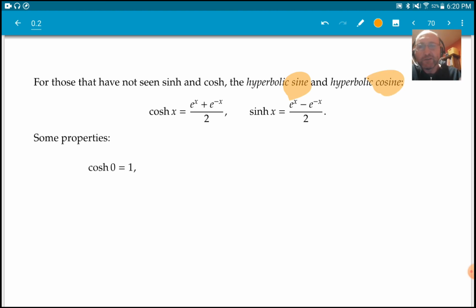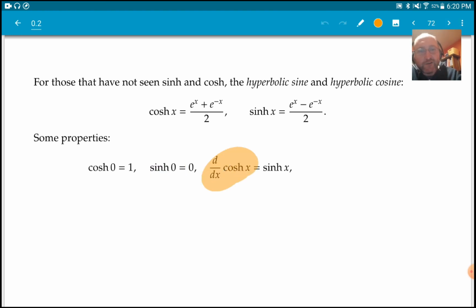They're not quite sine and cosine, but some of the properties are very similar. For example, cosh, the hyperbolic cosine, at 0 is 1. Sinh, the hyperbolic sine, at 0 is 0. It's just like sine and cosine. They do the same exact thing.